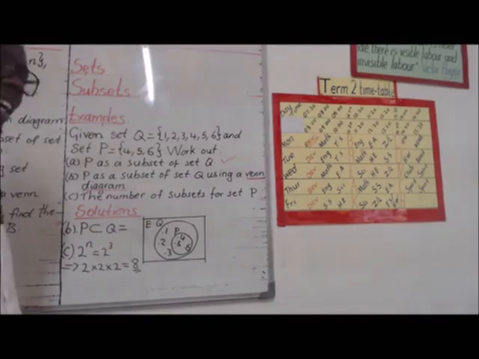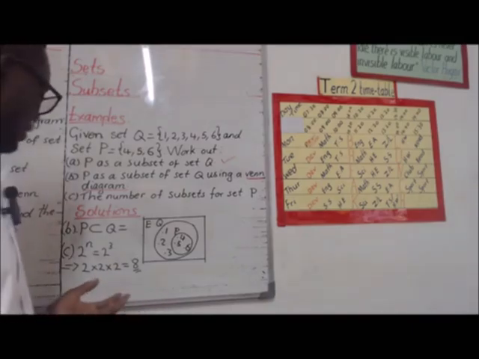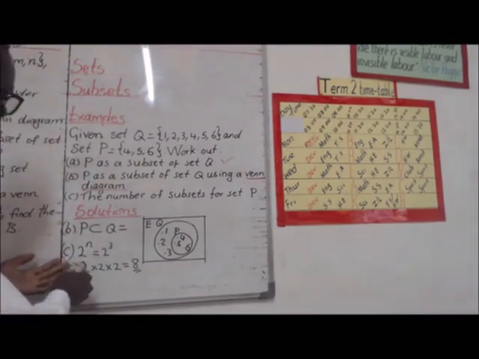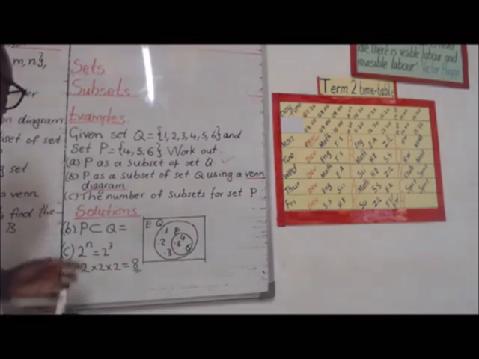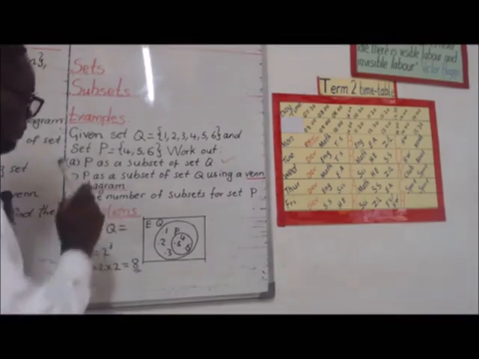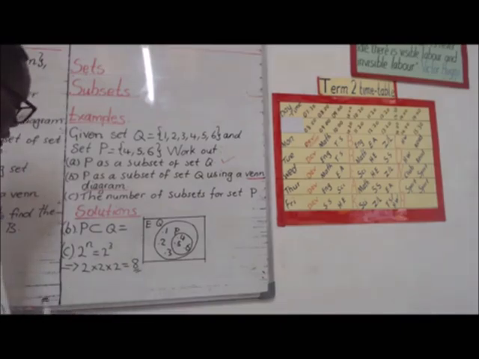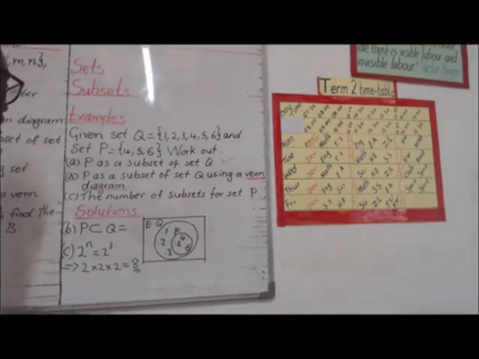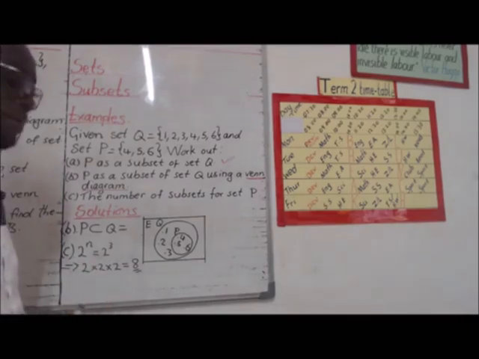So I have found that the number of subsets that can be produced from set P is 8. This small set, as small as it appears, can give us 8 subsets.